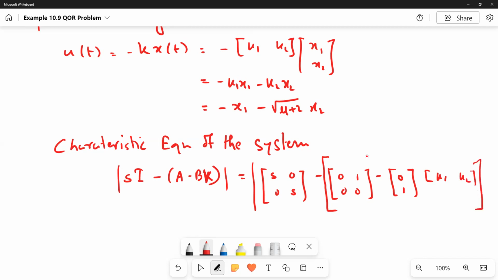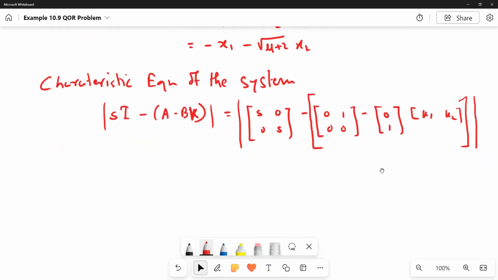You don't have to do it as I'm doing it; I'm just doing it for your ease of understanding, but we already know what the value should be from our previous knowledge. So s, 0, 0, s, then you'll have [0, 0; K1, K2], row-wise.